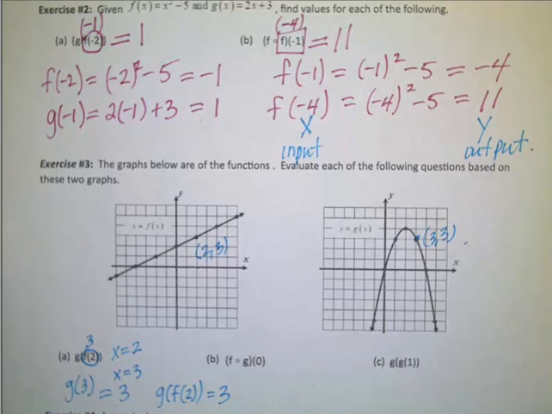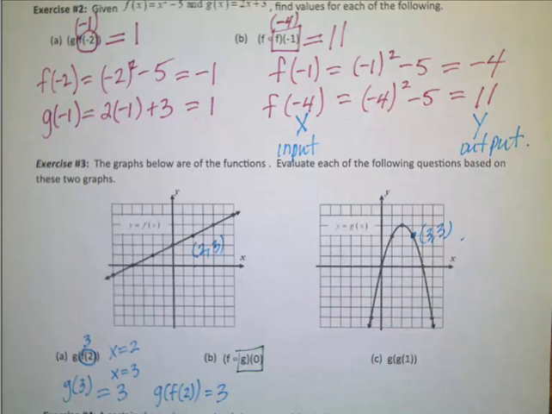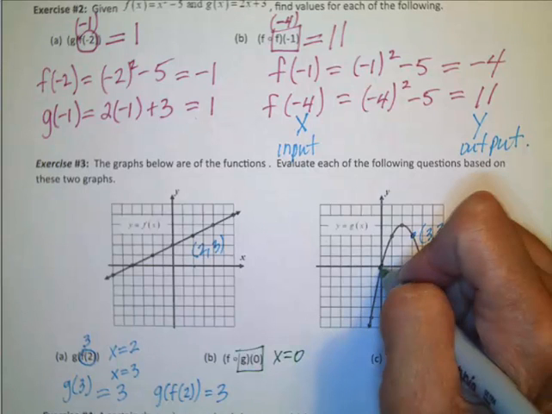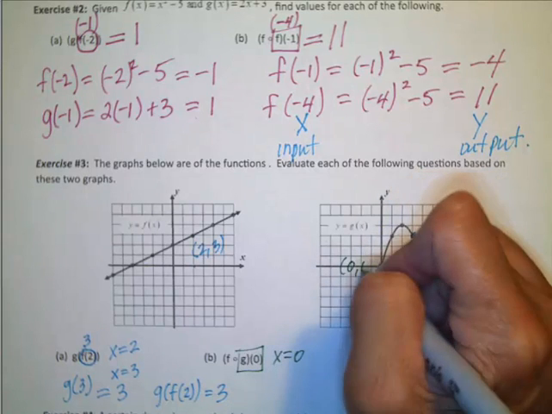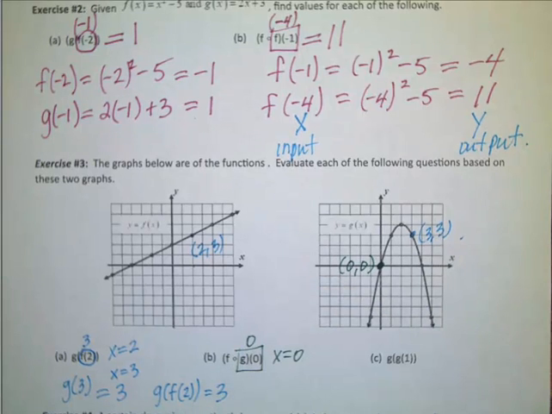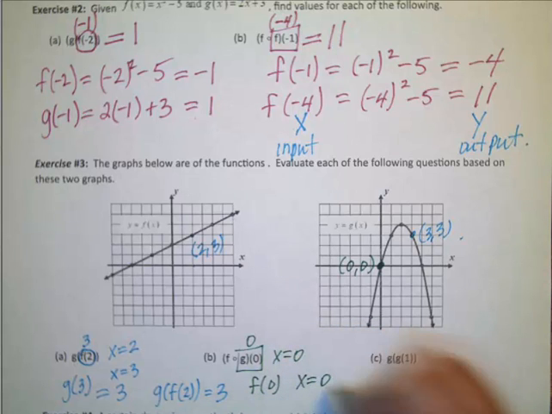All right. Next one, we're starting with g of 0. So that means x equals 0 in the g function. Well, it equals 0 right here at 0, 0. So g of 0 is 0. So now we're looking for f of 0. So that means x equals 0 in the f function.